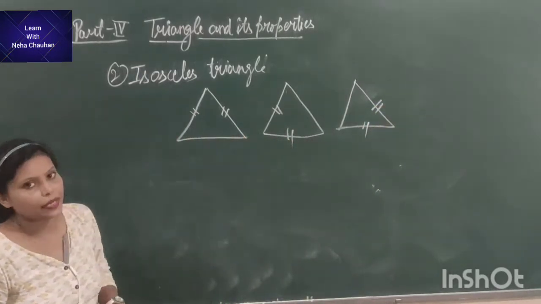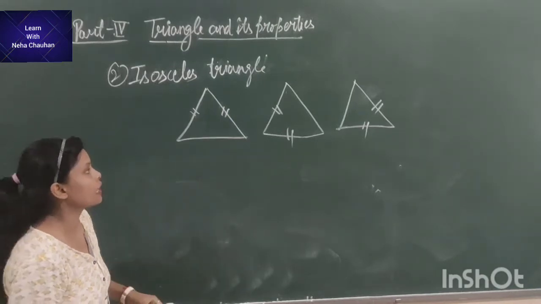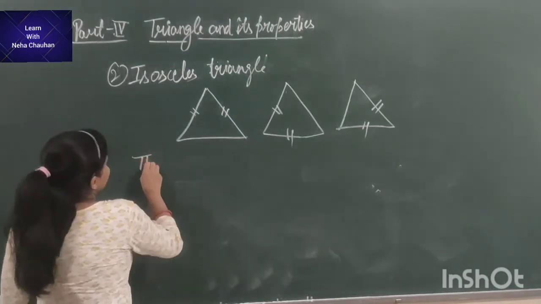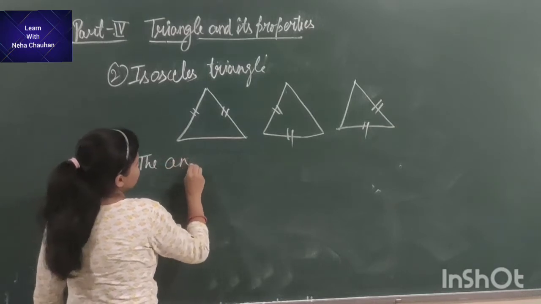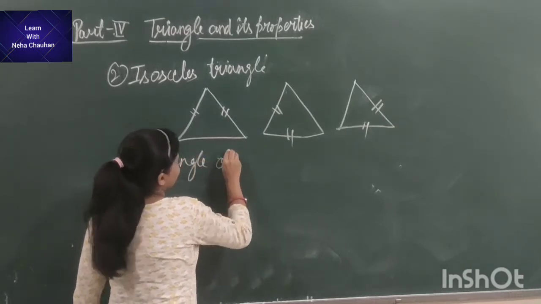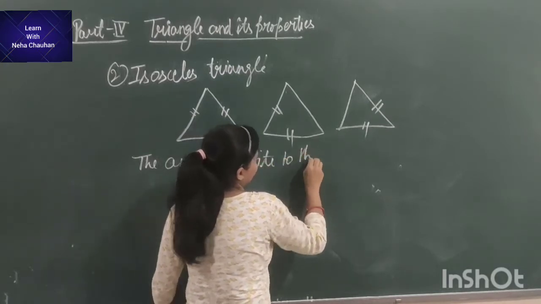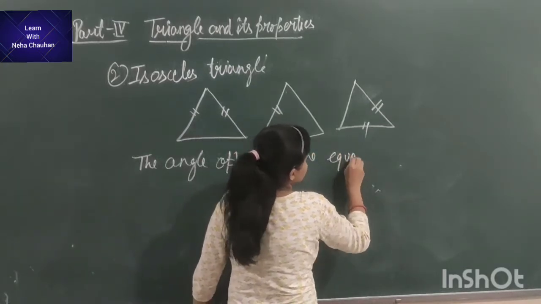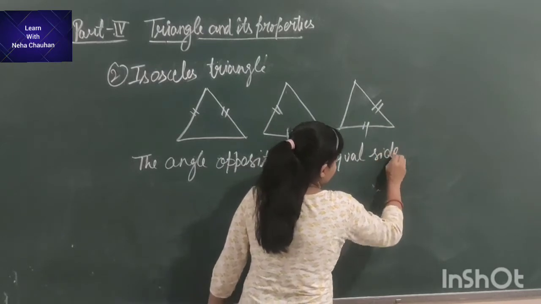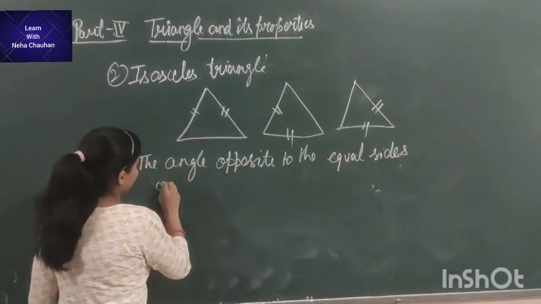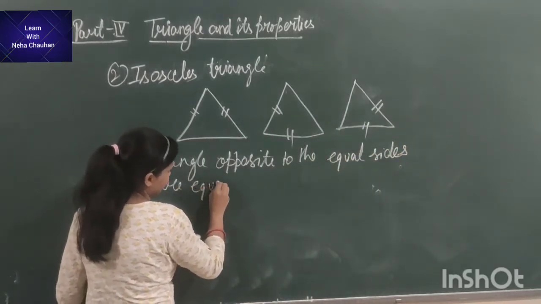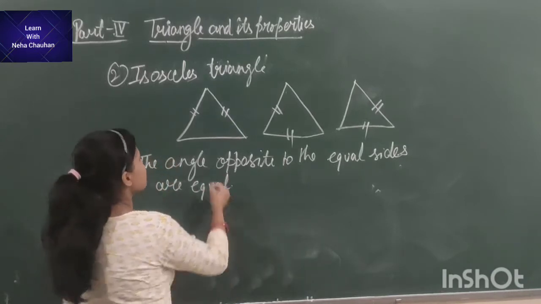One more property is related to the isosceles triangle, that is the angles opposite to the equal sides are equal. What does it mean?